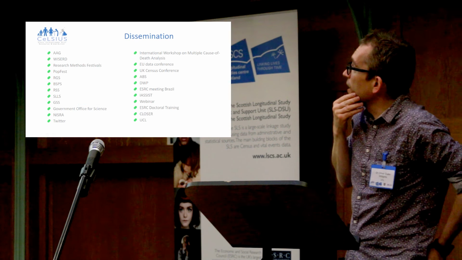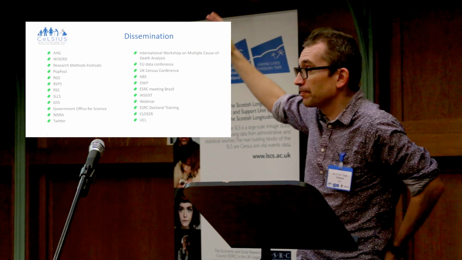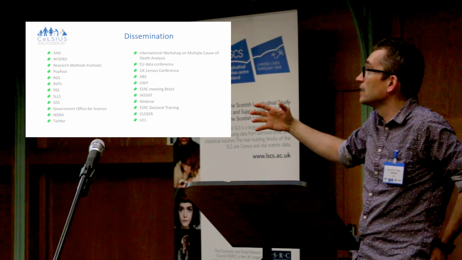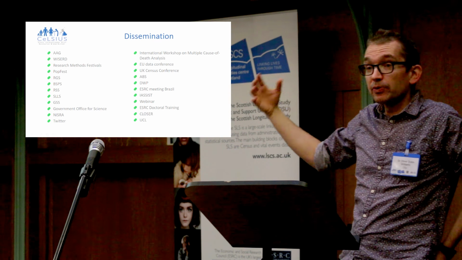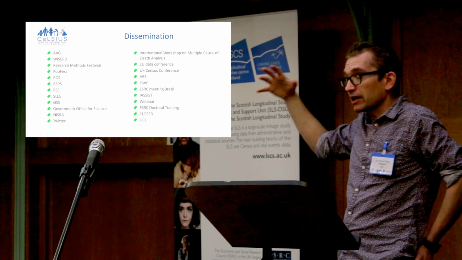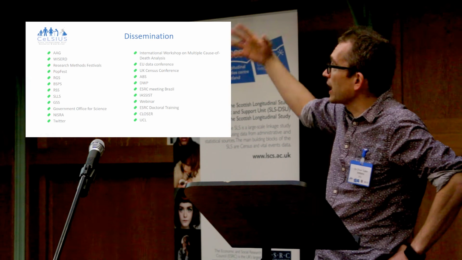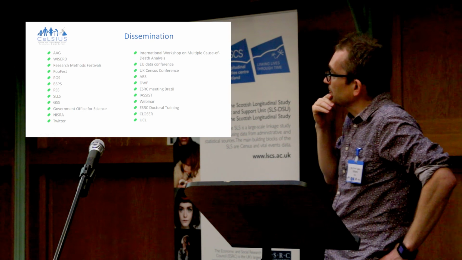And we've done a lot of dissemination of research and information about the LS at different conferences and to different audiences. And one of the things we've tried to do is to recognise the diversity of interest in the LS and try and talk at a relatively large number of different locations.